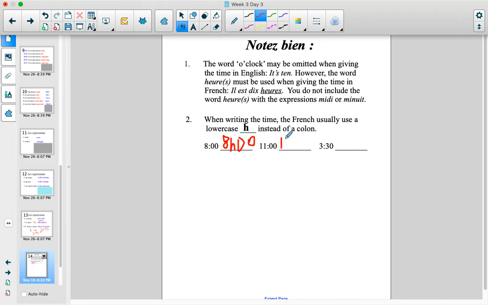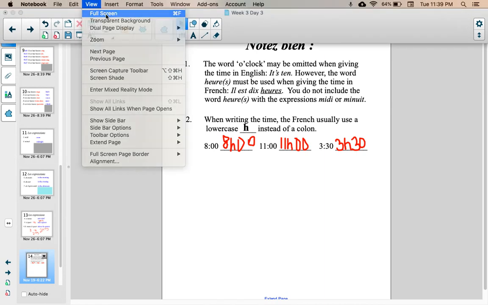Then we would do 11 heures, 11h. And then we would do 3 heures 30, or et demi. You could take 30 or and a half like we do in English. Okay, let's go back to full screen.